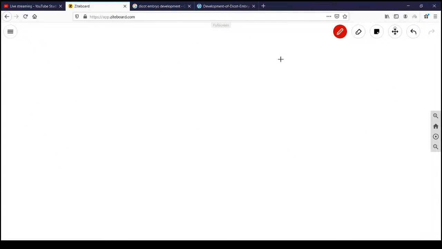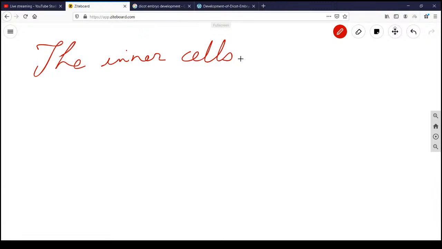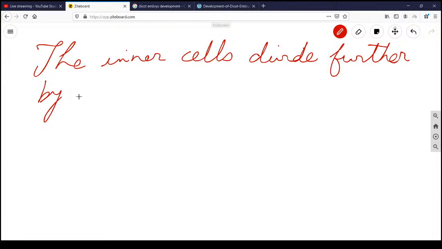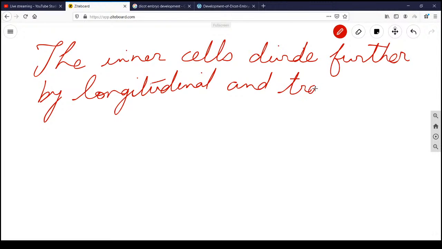The inner cells divide further by longitudinal, I should say longitudinal will be better here, and transverse division, because both go hand in hand. Only anticlinal would not be correct.